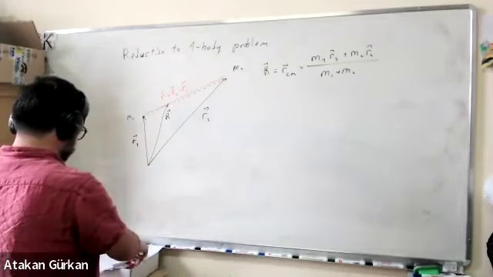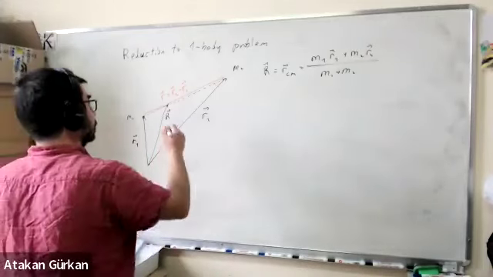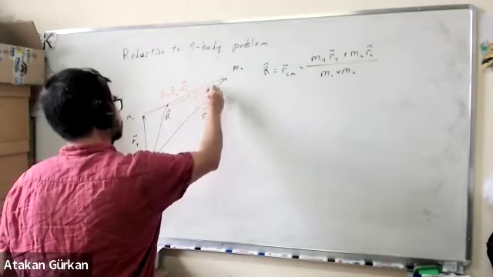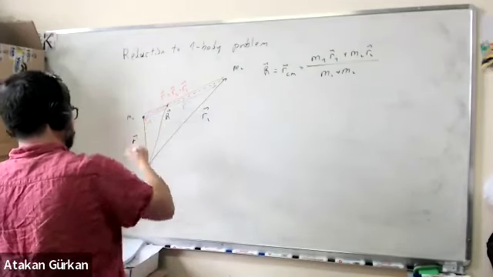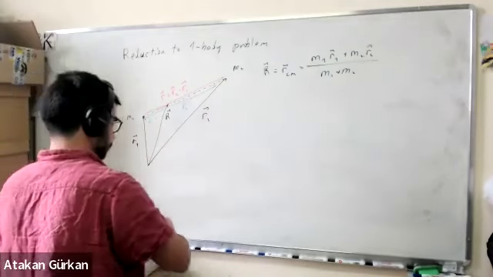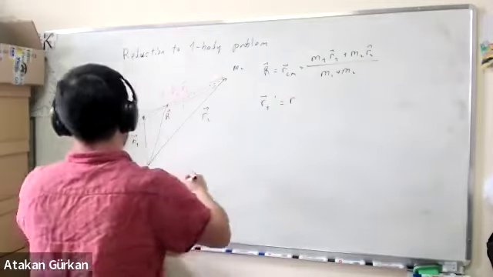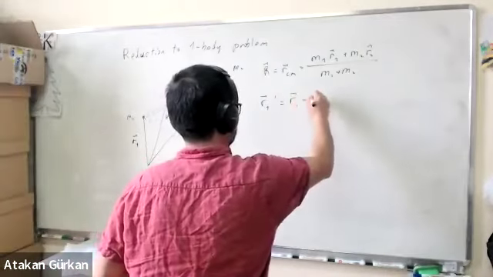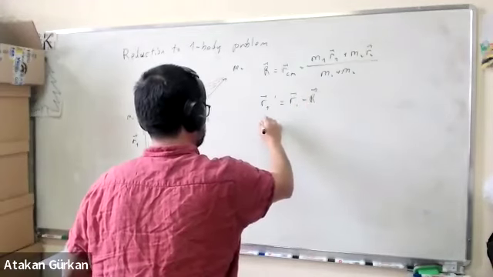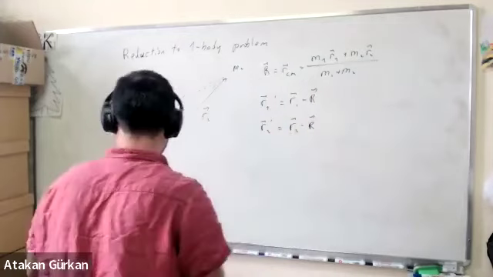And so first, let's define our R1 prime and R2 prime. So let's call this R2 prime and this one R1 prime. These are R1 minus R, the positions with respect to the center of mass.